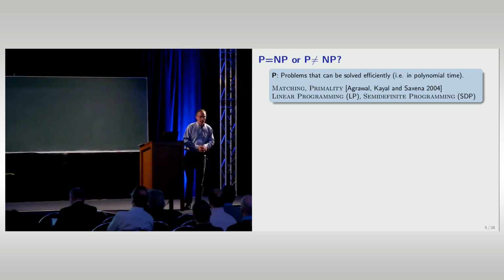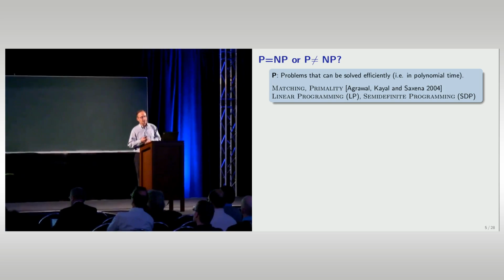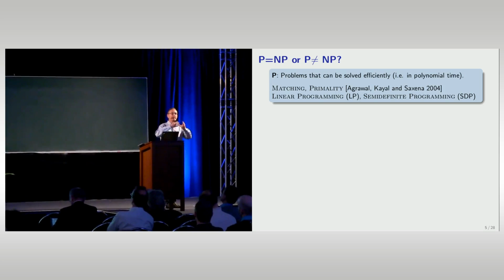That's also polynomially testable, by an algorithm of Agrawal, Kayal, and Saxena. And in this talk, we will be trying to use a lot of convexity. So we will use the fact that linear programming and also semidefinite programming, which I will discuss a bit later on, are polynomially solvable. So these are also problems in P.